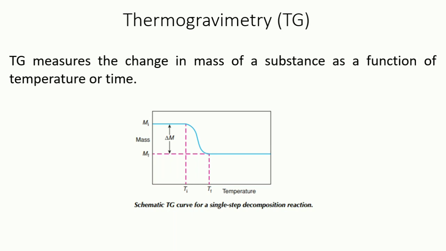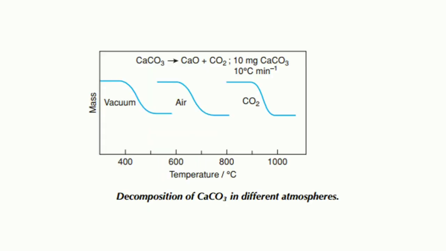The effect of atmosphere can be dramatic, as shown in the figure for the decomposition of calcium carbonate, CaCO3, in vacuum. Decomposition is completed at about 500 degrees Celsius, but in carbon dioxide at atmospheric pressure the decomposition does not even commence until above 900 degrees Celsius.